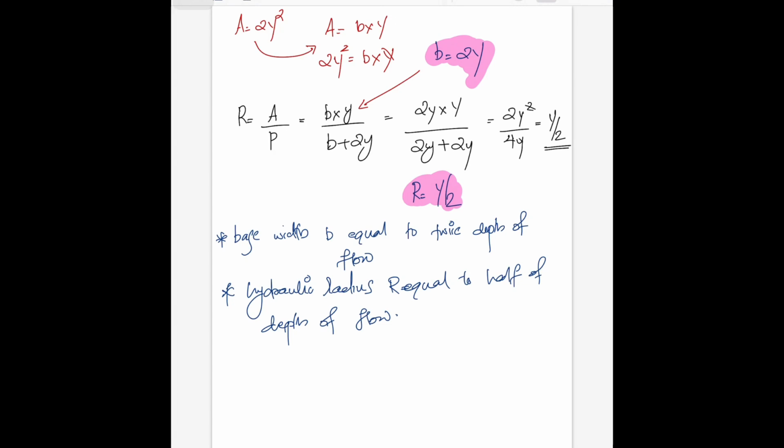Two important conditions and a simple derivation. Thank you.